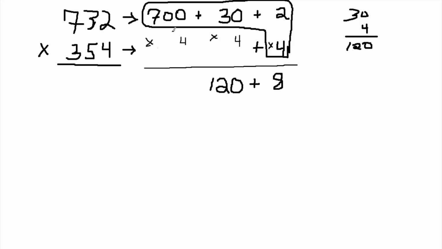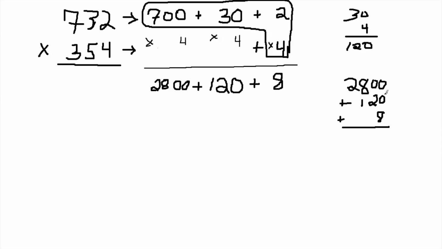And then we take 4 times 7, which is 28. And how many zeros do we need to add? 1, 2. So we add 2 here. So now we have 2,800 plus 120 plus 8.